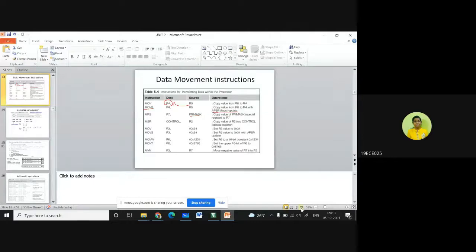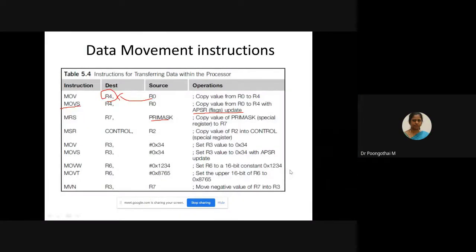25, Mohana Priya. Yes, ma'am. What is the PRIMASK register? Interrupt mask register, ma'am. Okay. And the value inside the PRIMASK is stored in the R7 register. So this is a priority mask register. Using this register, we can set the priority of interrupt sources or exceptions.